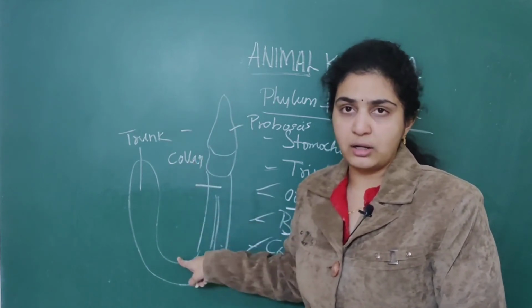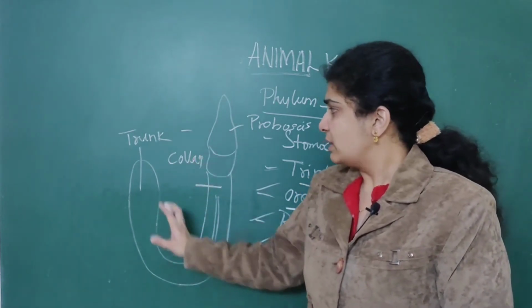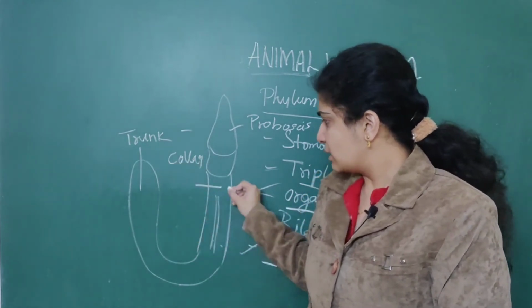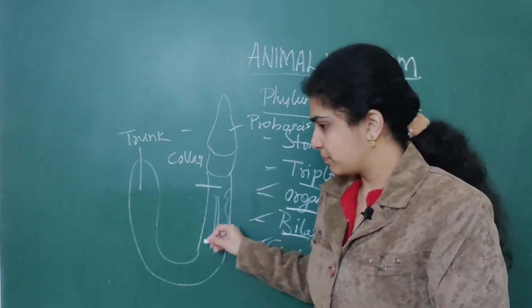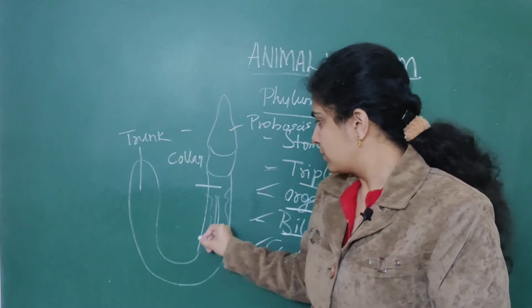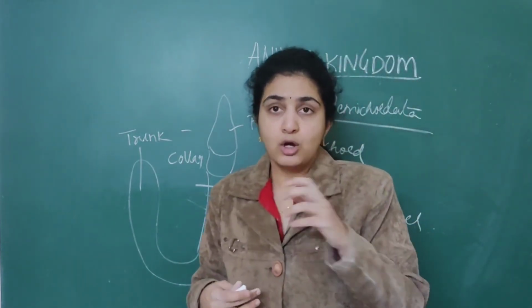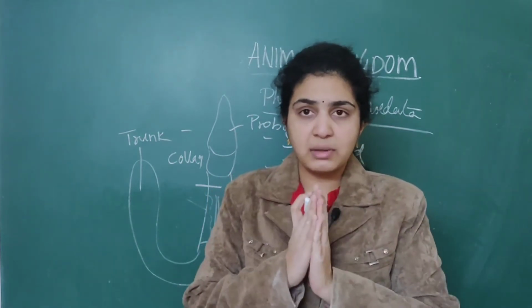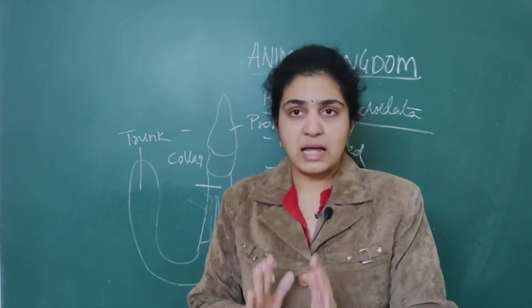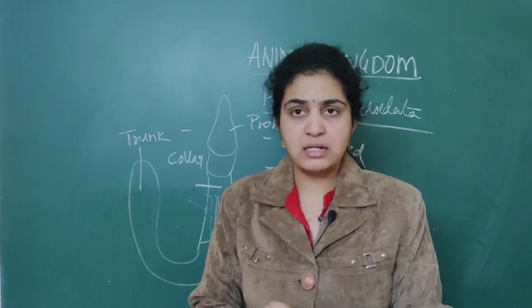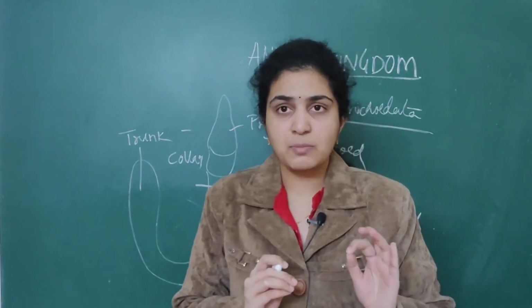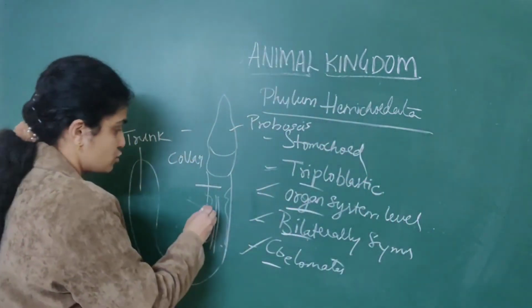Proboscis, collar and trunk. So in the collar itself, this stomochord is present. Notochord is a mesodermally derived structure that is absent in hemichordates. That's why it is replaced by stomochord.